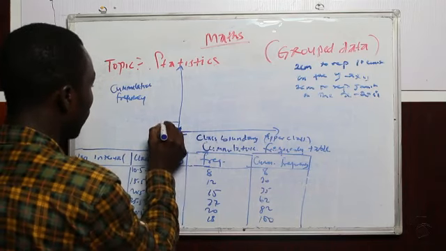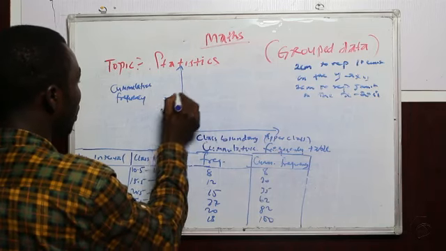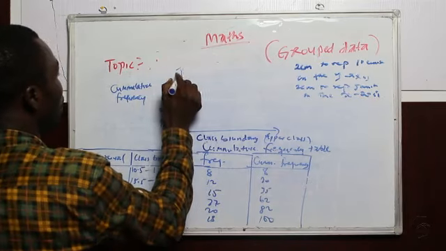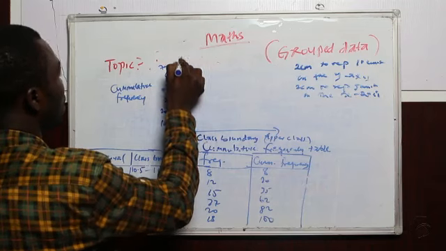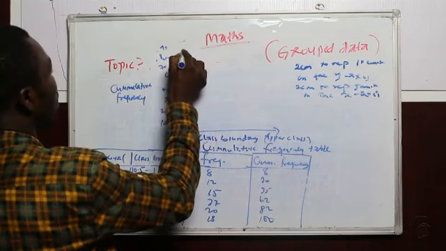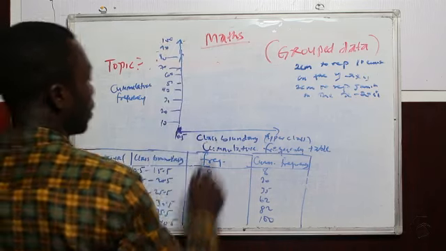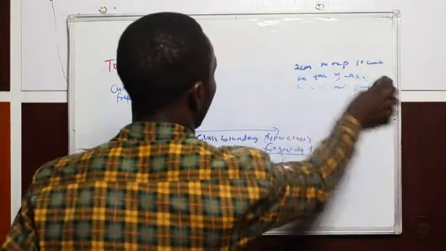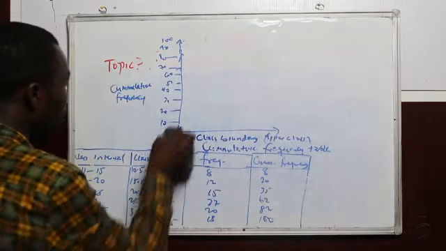On the y-axis, we have 10, 20, 30, 40, 50, 60, 70, 80, 90, 100. Now, here we have 8.